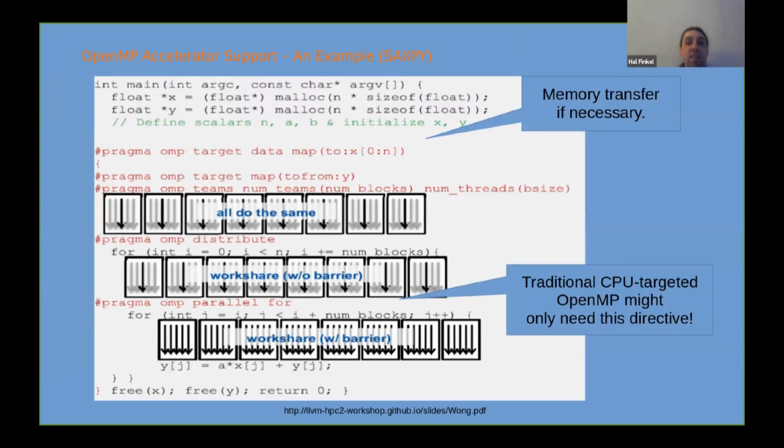Here you can see that by the introduction of a somewhat sophisticated set of pragmas, you can both move data to accelerators and divide up the work that has to be done and execute on the accelerator. Here you can see that the data is mapped to the accelerator. This is actually somewhat verbose.